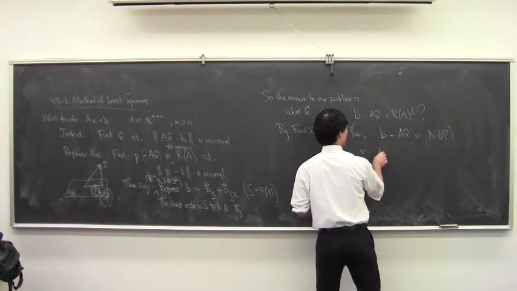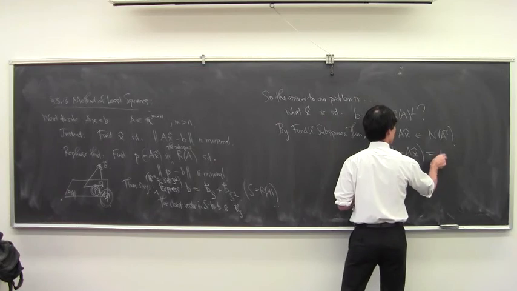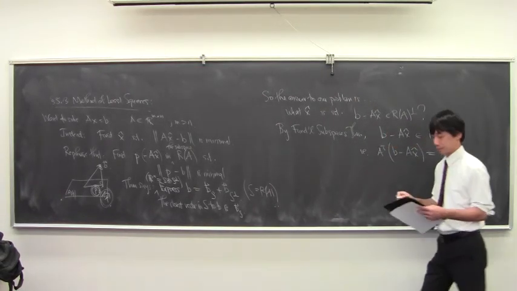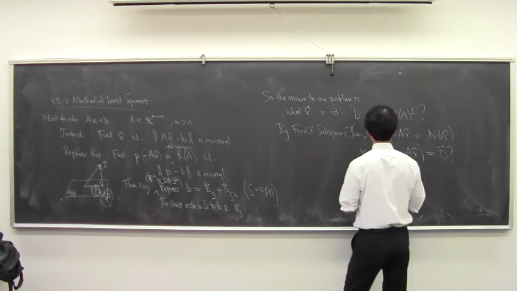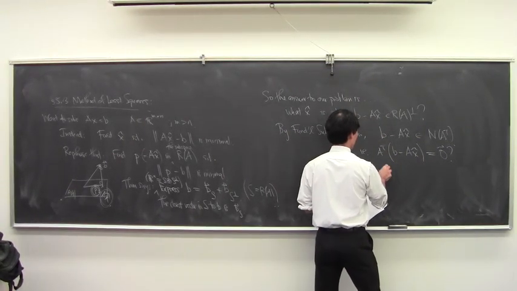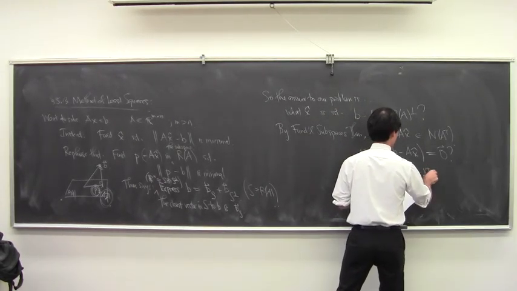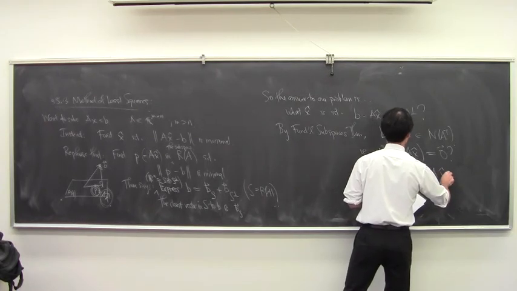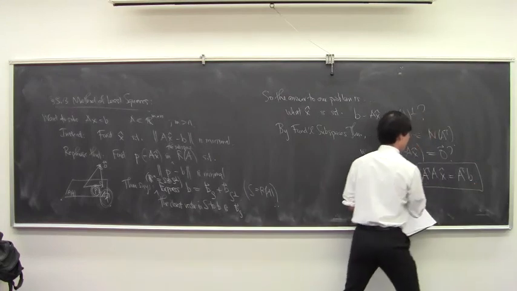In other words, A transpose of (b minus Ax) is 0, i.e., you want x so that A transpose A x equals A transpose b.